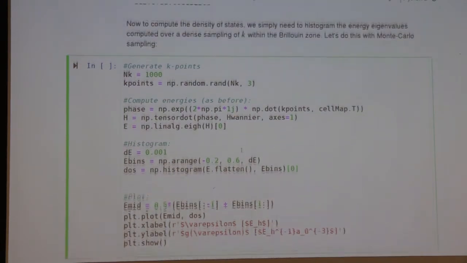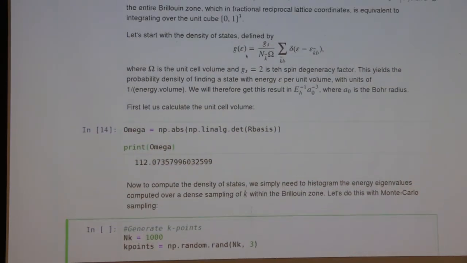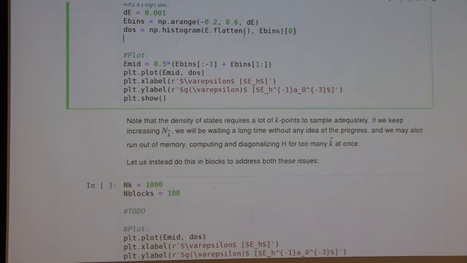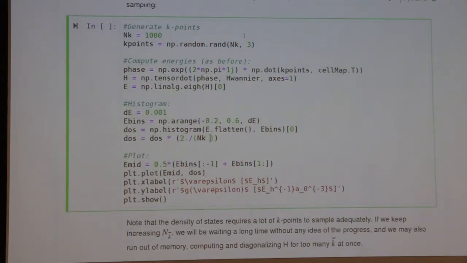I now need to normalize it and convert it to a probability density. So the first thing is I have to divide by dE to convert from a probability to a probability density, and then I need to account for these factors. So effectively what I will do here is multiply this by 2 divided by the number of k points, unit cell volume, and dE.